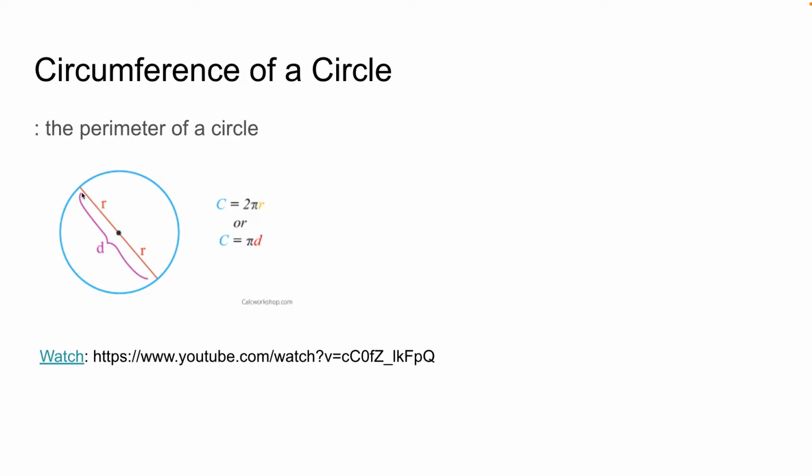So as you can see, because it passes through the center, we have 2 R's. So D is the same as 2R. And here circumference is 2 pi r, but 2R is D. So we can substitute that 2R with D. So 2 pi r is the same as pi D. It's the same thing.